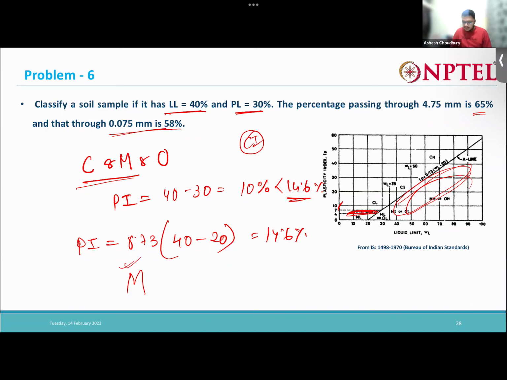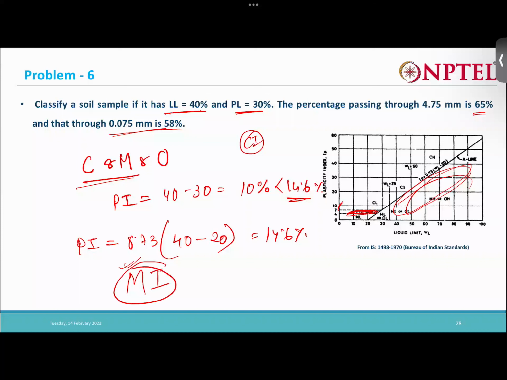Our soil is silt. Now you need to tell me if it is low, intermediate, or highly plastic. Intermediate. Why intermediate? Because the liquid limit is 40%, between 35 and 50%.